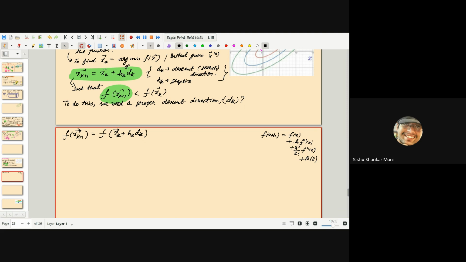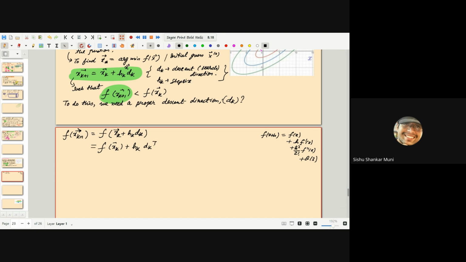You have multiple variables. When you have multiple variables, so what will happen? Not much changes will be there. In derivative, just replace the derivative with the gradient and double derivative with the Hessian. That's that. So it is nothing but the same Taylor series. This is equal to f of xk bar plus hk dk transpose.